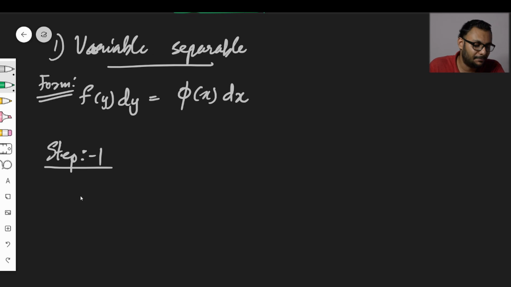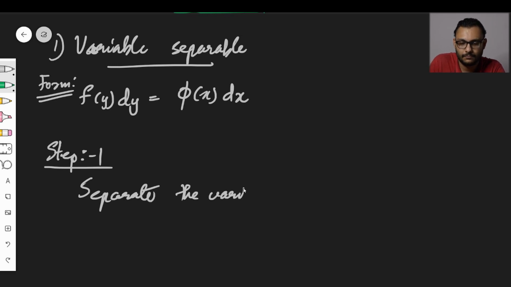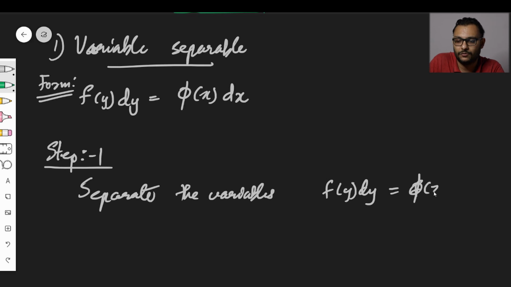So we have to separate the variables to get this form, that is f of y dy equal to phi of x dx. This is our first step.